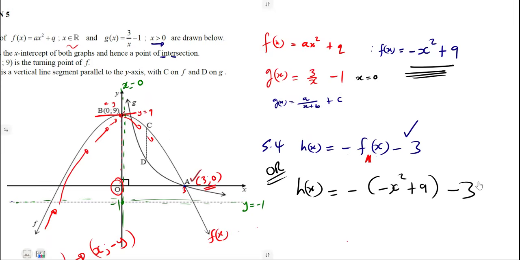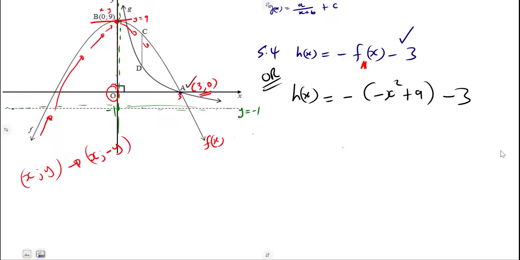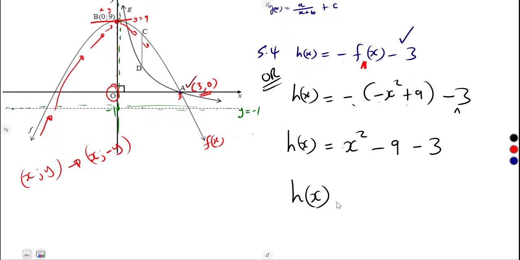After that, subtract 3. So this is what we have. h(x) is going to be given negative, negative, that's positive, x squared. Negative times 9, negative 9. Then we're going to subtract these 3. So that's it. h(x), our new function, is given as x squared minus 9 minus 3, which is minus 12.